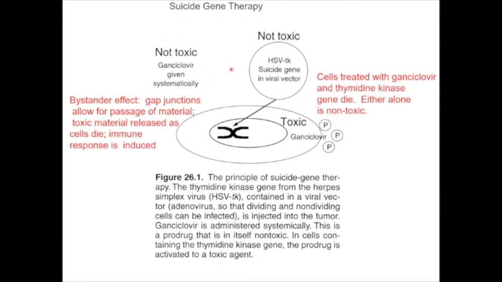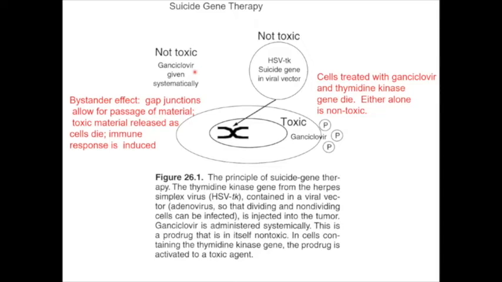This is one model that's been on the boards in the past. It is a kind of suicide gene therapy approach. It was used for glioblastomas, not so successfully. It has been touted as being useful in a couple of other systems. The idea is that you give systemically ganciclovir. This is a non-cytotoxic drug, so it has very little side effects for the patient.